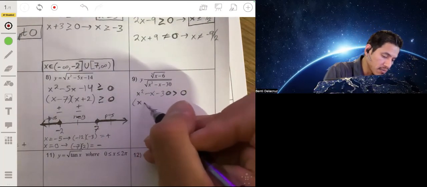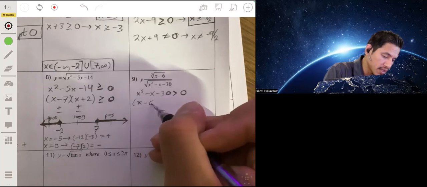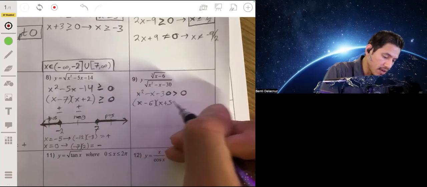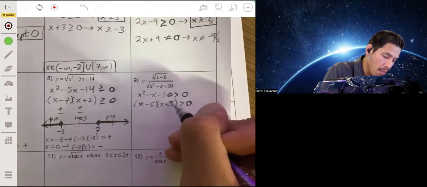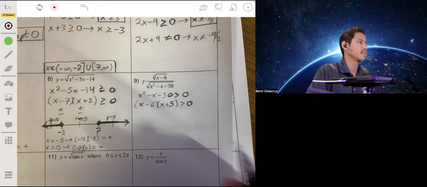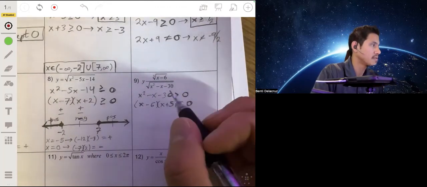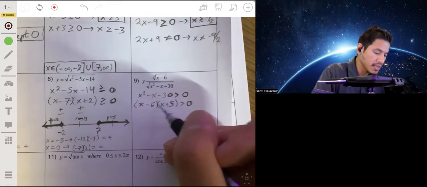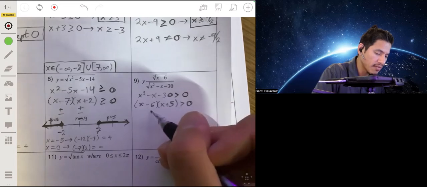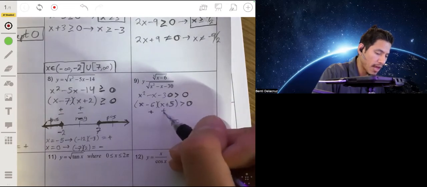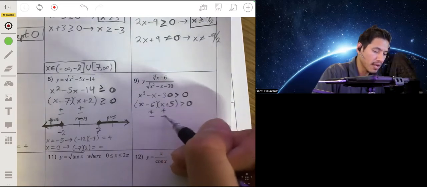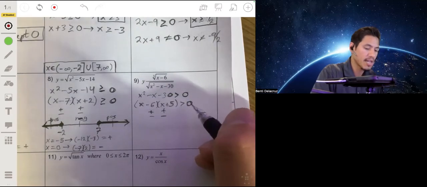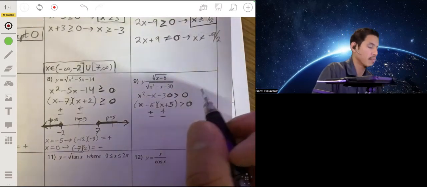So factoring this, we would get x minus 6 times x plus 5 is greater than 0. And similar to the one before, we want products that will make this a positive number. That will be when they're both positive or when they're both negative. If they're on opposite sides, we're going to get a negative number, and that won't be part of our domain.